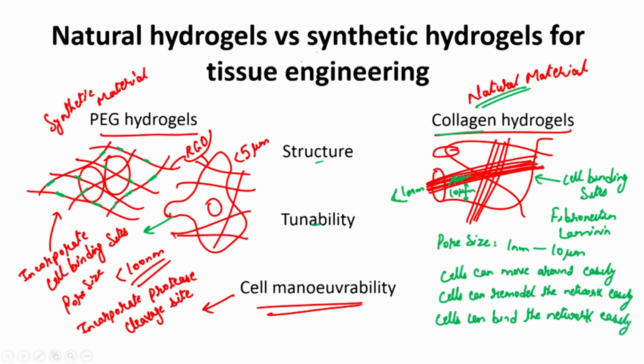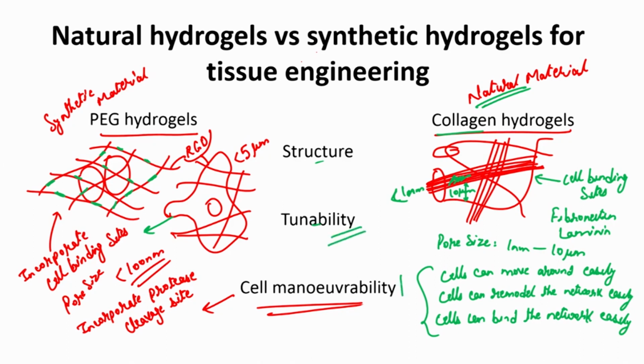You can see all of these are advantages of a natural system, because you do not have to worry about making another component that has a cell binding site, or another component that has a cell cleavage site; that is all inherently present. At the same time, there is obviously the drawback that the tunability is fairly low.